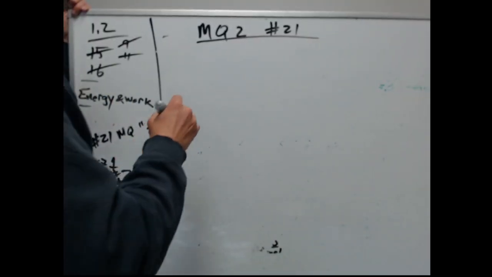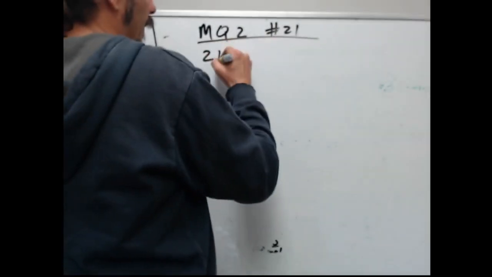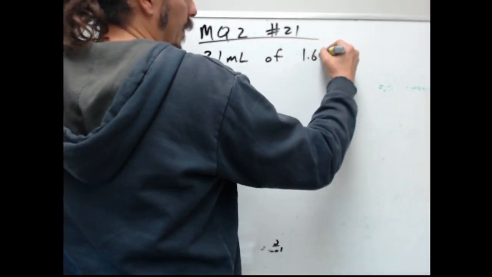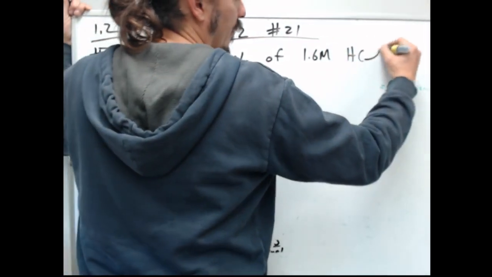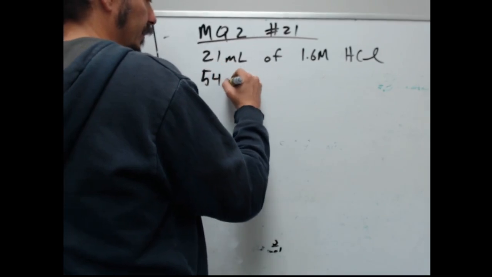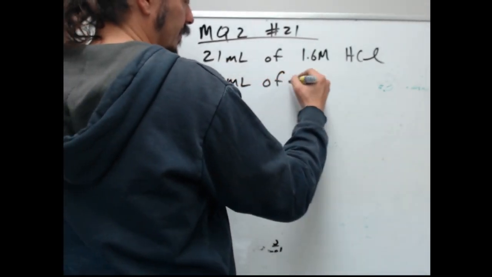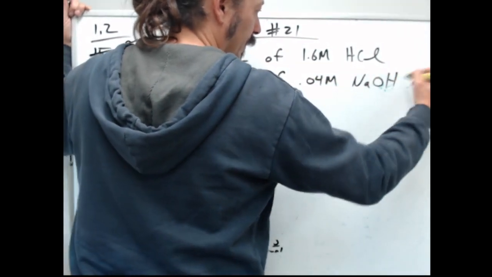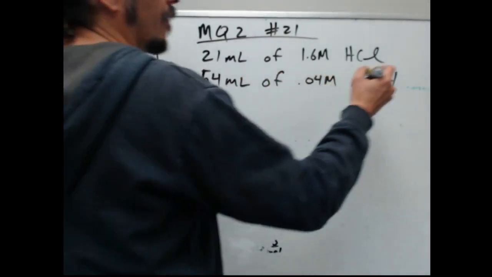One beaker contains 21 milliliters of 1.6 molar HCl. A second beaker contains 54 milliliters of 0.04 molar NaOH. Both solutions have an initial temperature of 20 degrees Celsius.